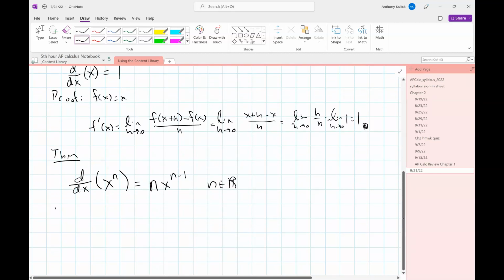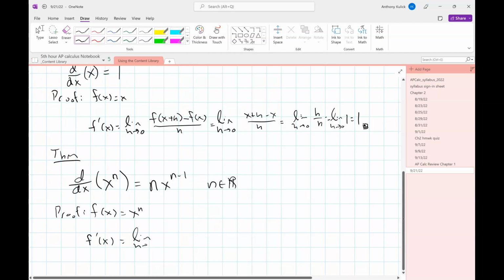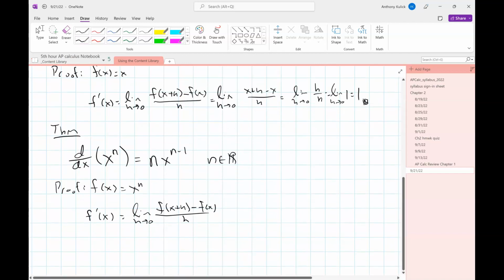How would we prove this? Here's a shocker for you. We're going to use the definition of the derivative. Oh my goodness, Mr. Kulik, you're kidding me, right? Nope. Now this one's a little bit yucky.